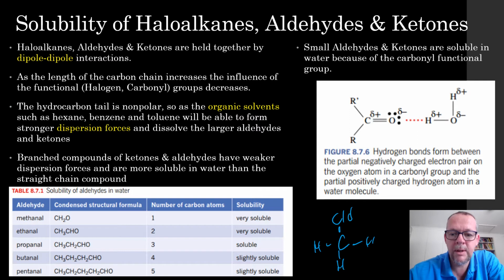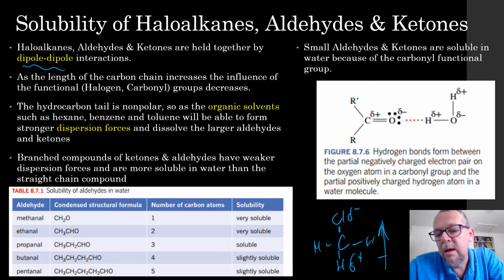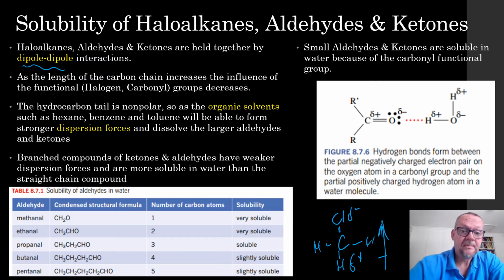That's going to be your partial negative, your partial positive. That is going to be a slightly polar molecule. Each of these chloromethane molecules is held together by the dipole-dipole interactions. But certainly, the more carbons you get in there, the less the effect of the functional group, and so it makes it less and less polar.